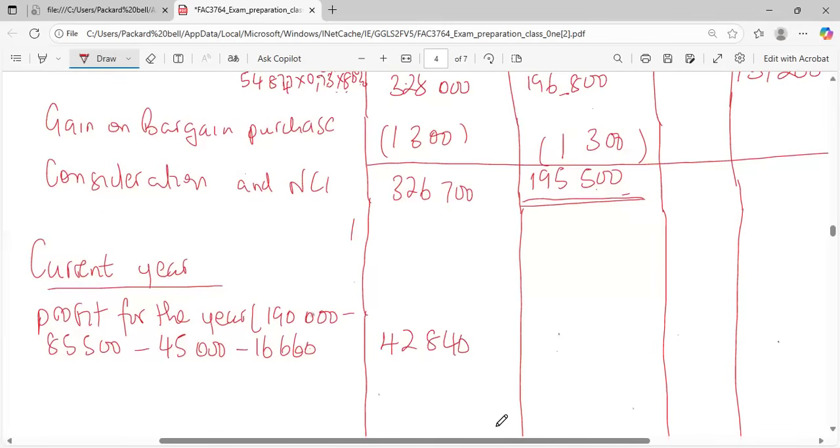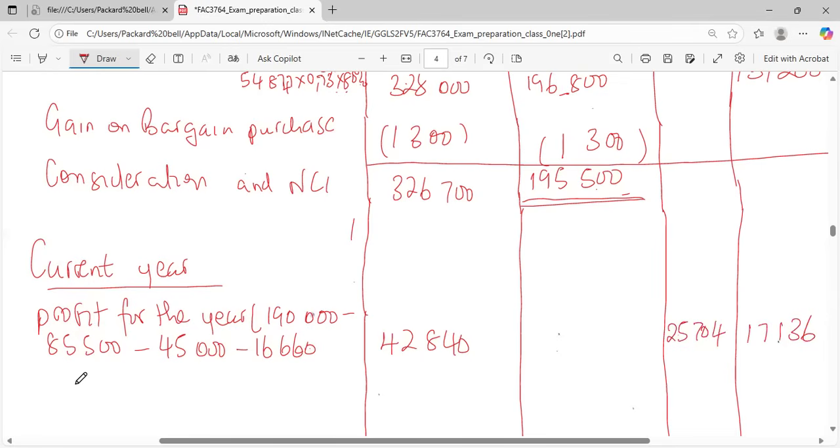So it's going to be 25,704. What belongs to NCI? We subtract these two. Then we get what belongs to NCI. 17,136. Then we don't have other comprehensive income.